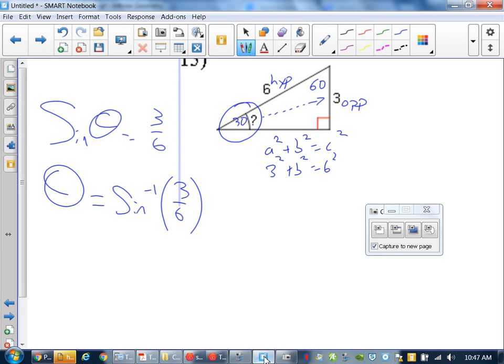Austin, how do you get 30 for the missing? If I put this in my calculator, it spits out 30. All right. I know that it's 30 because the opposite is half the length of the hypotenuse. The only time that ever occurs is in that 30, 60, 90 triangle, because the 1 is opposite the 30.